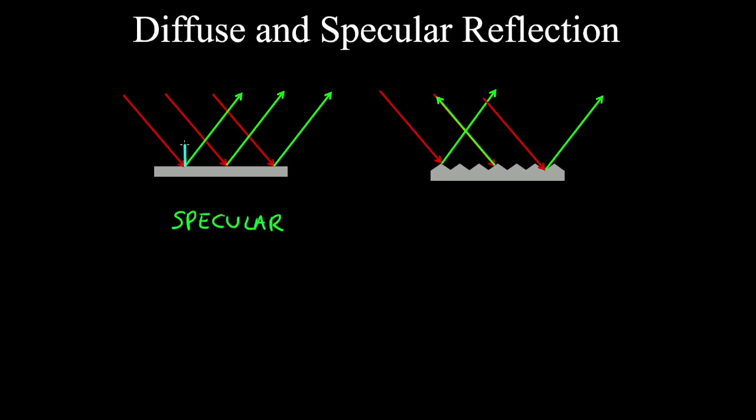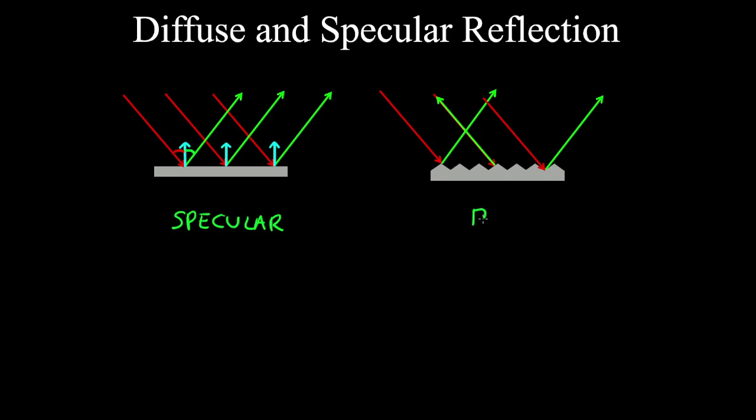So in this case, the normal to the surface is relatively constant. So therefore the angle of incidence, or the angle that the incident light ray makes with the normal, is equal to the angle of reflection, or the angle between a reflected light ray and the normal to the surface.